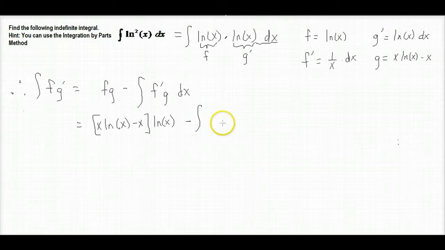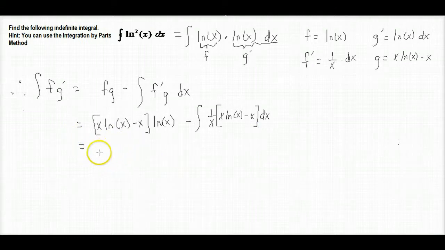And then we're doing the integral of 1 over x dx, and then in the middle here, which is g, will be x natural log of x minus x. Okay.